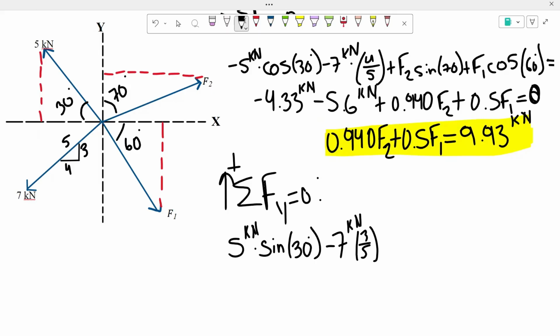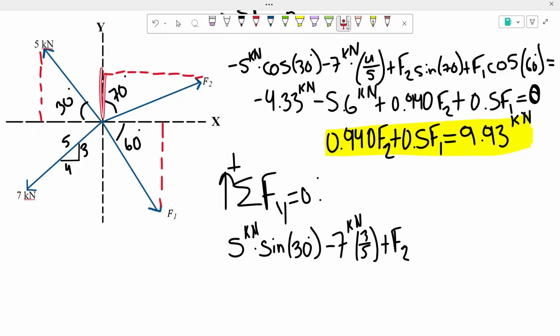Now we're going to move on to our F2. Our F2 is going slightly upwards, so positive F2. And instead of using sine this time, we're going to be using cosine, because once again, we are given this angle and we are trying to find the y component, or the vertical component of the triangle.